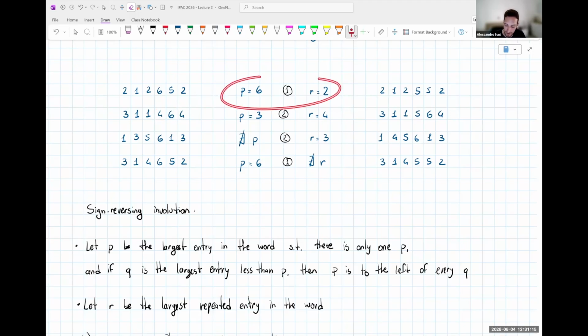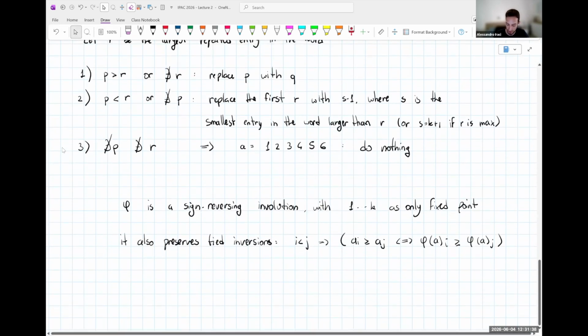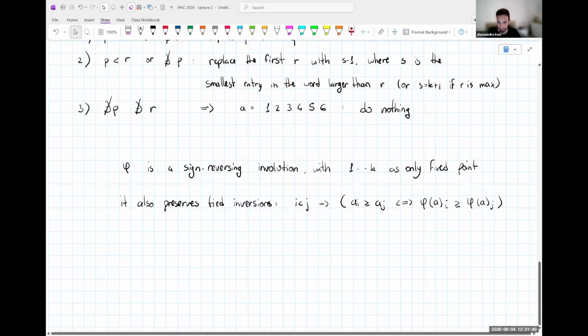And the same happens in the other case. We're replacing something with something smaller, but we're replacing it such that the letter immediately smaller only occurs on the right, and we're replacing it with exactly that value, so all the other inequalities are the same, and this was greater or equal than this, now this is greater or equal than this. So this preserves these tied inversions.